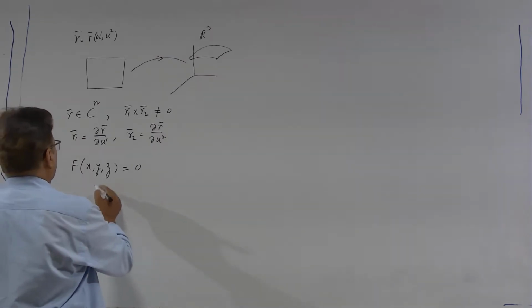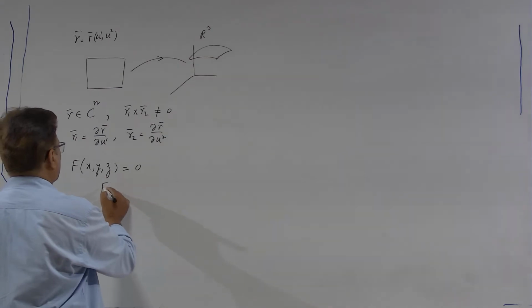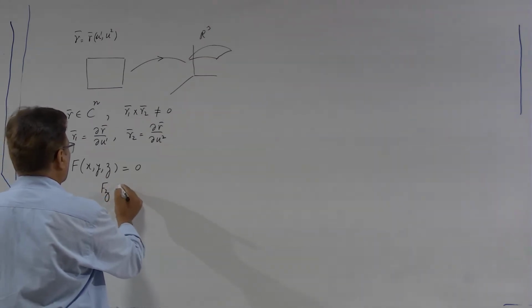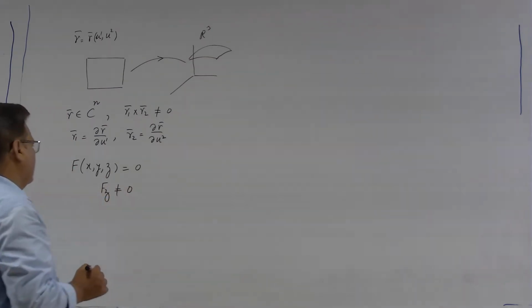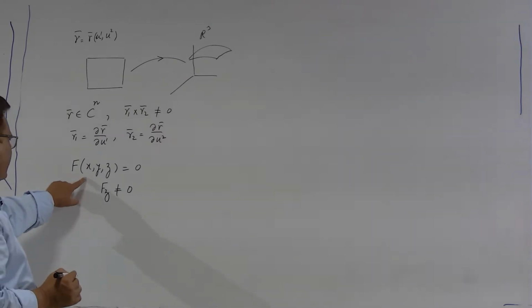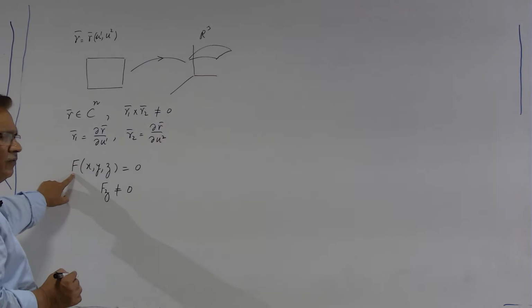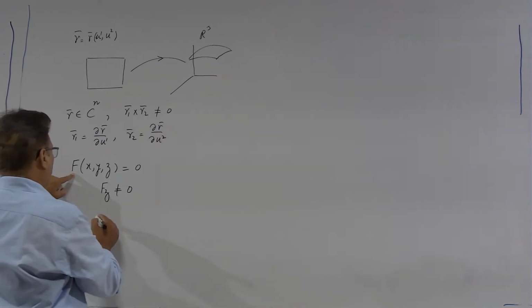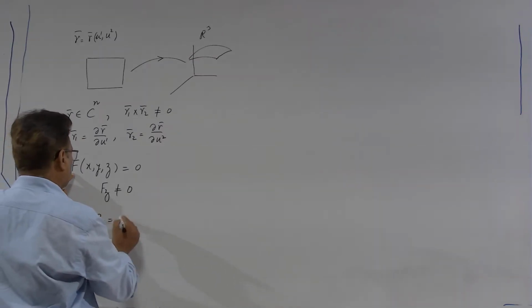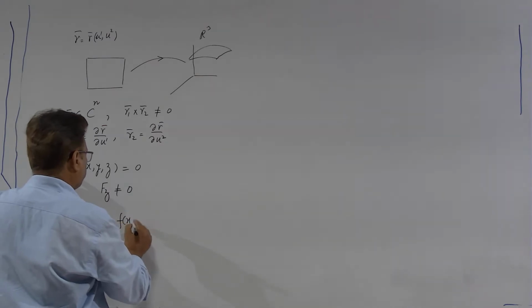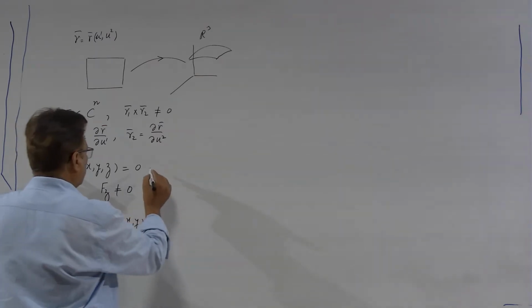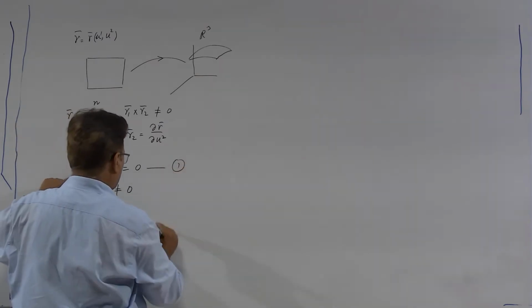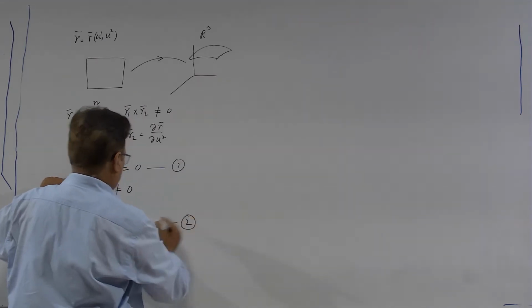So, say if f_z is non-zero, then the implicit function theorem tells us that this equation can be converted into the form z equal to f(x, y). Now, these equations 1 and 2 represent the same surface.